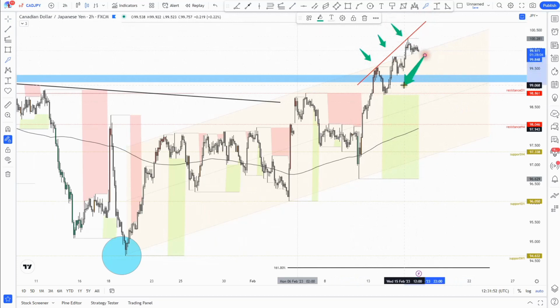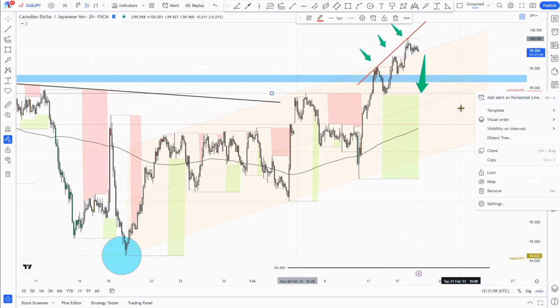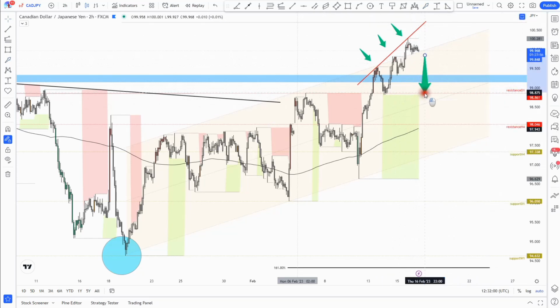So that pattern targets the bottom of the pattern, which means we may see a retest of the previous daily fractal resistance for the Canadian versus the Japanese yen. So as you can see, there are a few pairs, let's say, which may suggest a move to the downside or a pullback or a retracement.